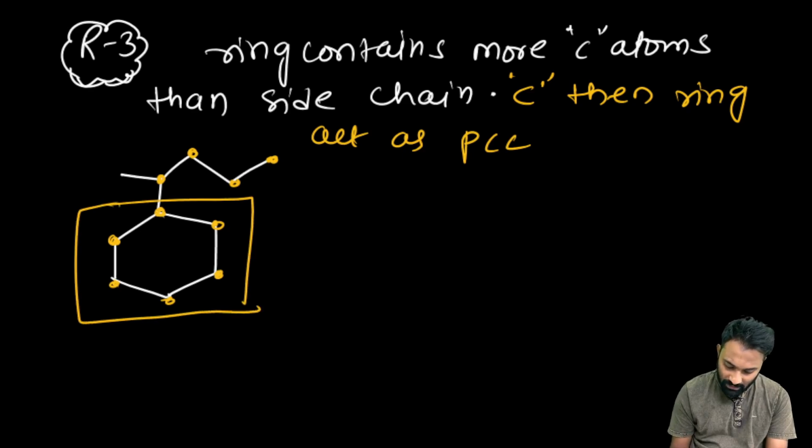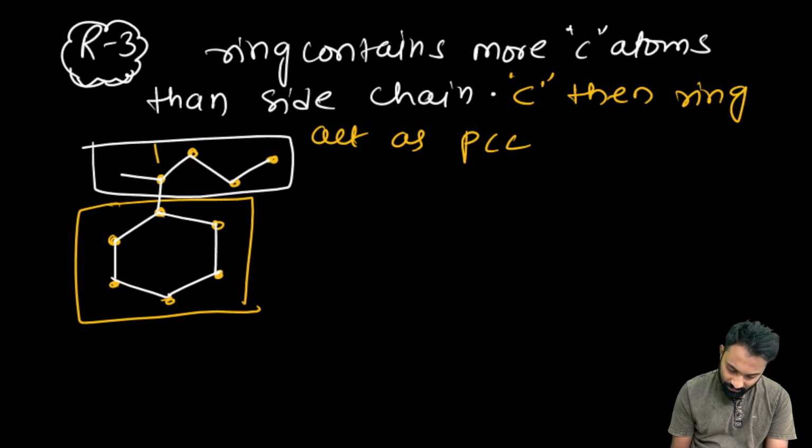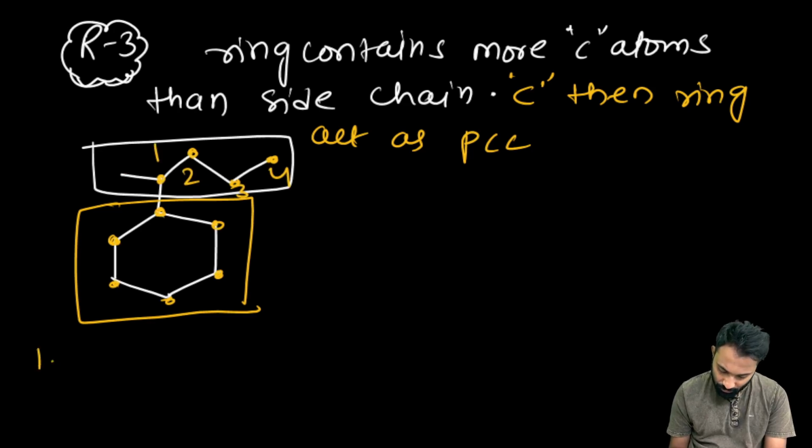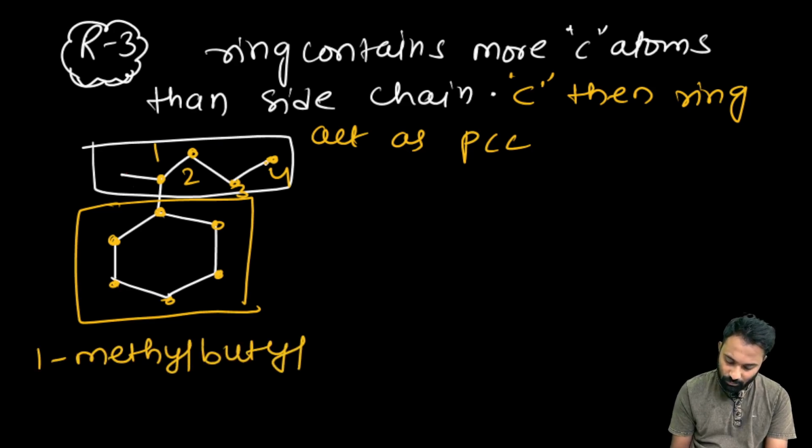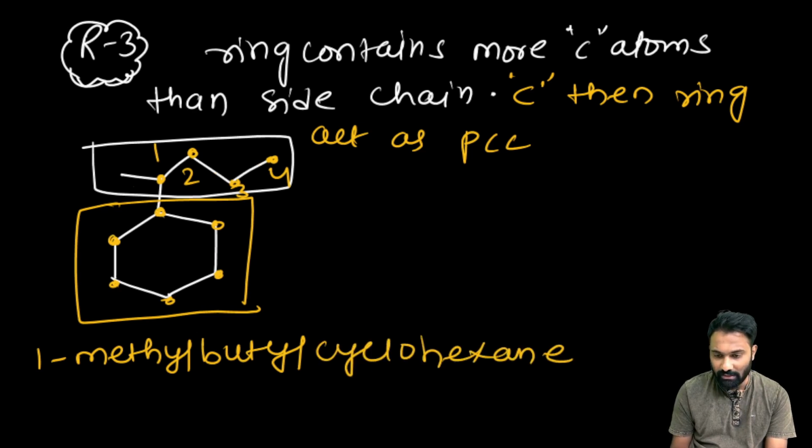Now this one will be the substituent. Now write the numbering here, 1, 2, 3, 4. So at one position methyl is there, and the substituent is there, right? So 1 methyl butyl cyclohexane is the IUPAC name for this compound.